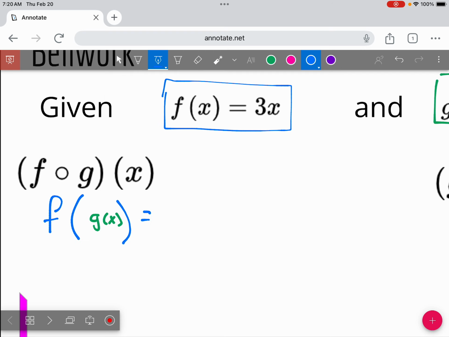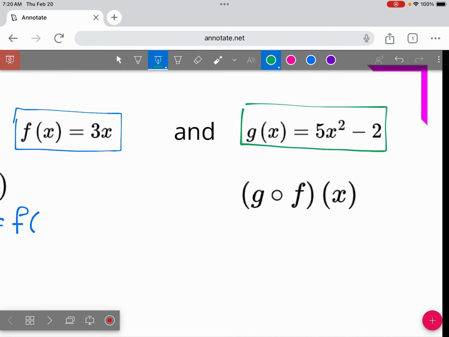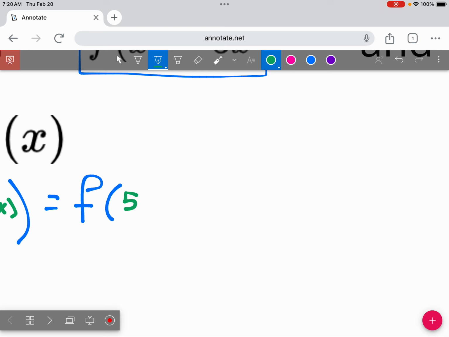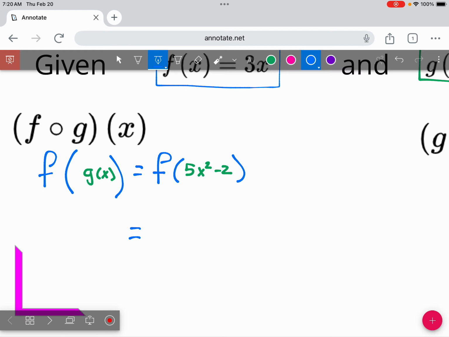So what that means is I'm taking f of x, and instead of an x, I'm going to put in that 5x squared minus 2. So I'm substituting that piece in place of the x. So in our f, that's 3 times our x. But now we just said our x is actually that 5x squared minus 2.